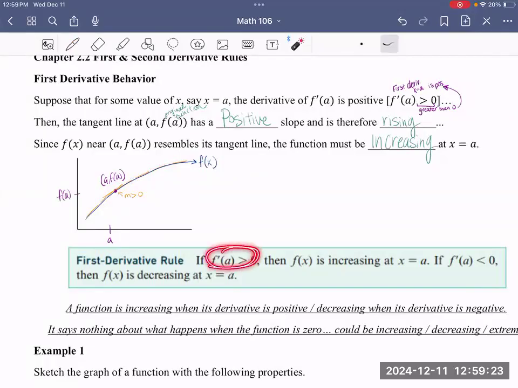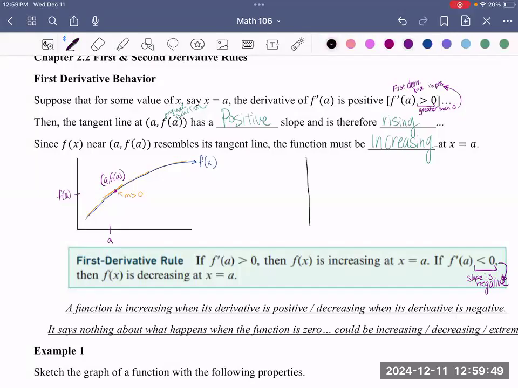If your first derivative is positive, f of x is increasing. Or if your first derivative is less than 0, therefore it's negative, then the tangent line is decreasing.